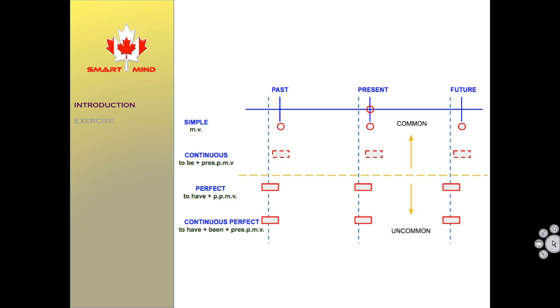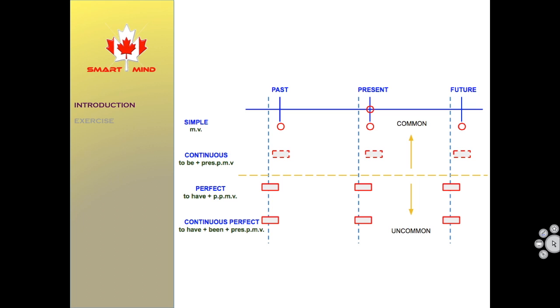Below the names of the modes, we have the formulas. For example, in the simple mode, we have the main verb. In the continuous mode, we have the auxiliary verb to be plus the present participle of the main verb. In the perfect mode, we have the auxiliary verb to have plus the past participle of the main verb.